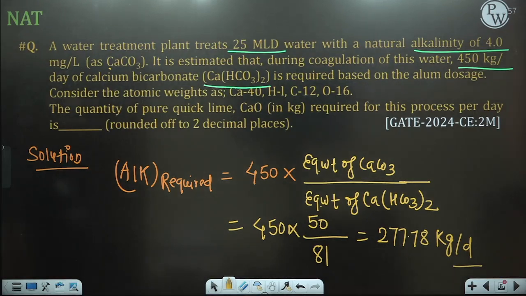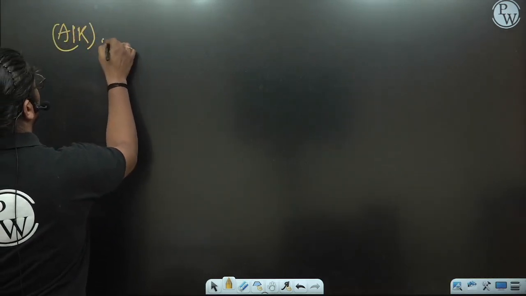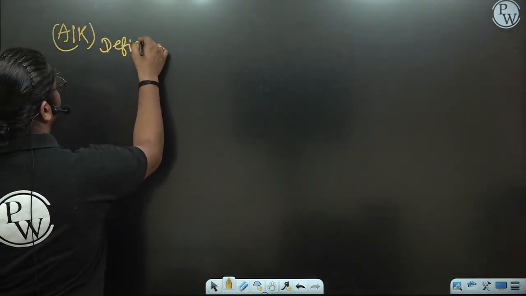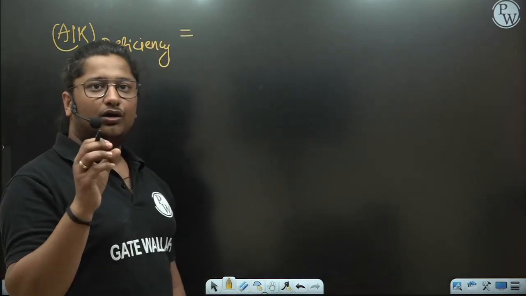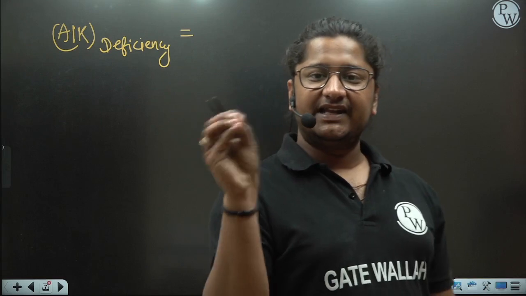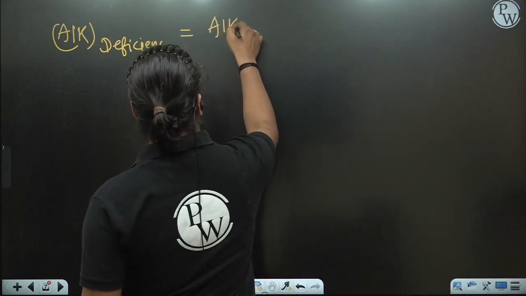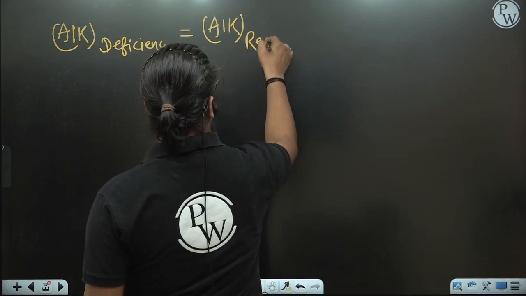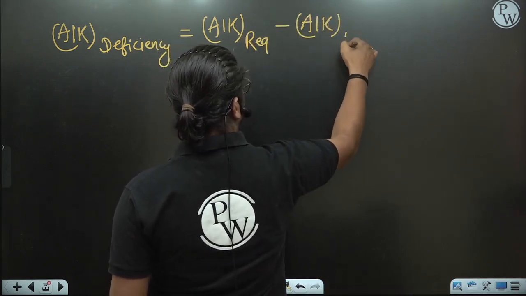Okay. Next, to find out lime dose, we know the lime we are requiring only for the alkali deficient part. So the alkali deficiency we need to calculate. So let us say this is alkali required, which we have calculated, minus alkali which is present.